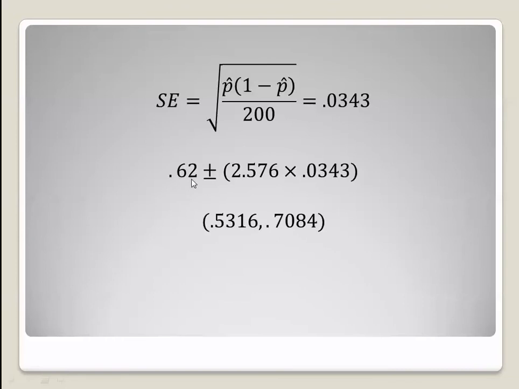So now you take that p hat and you add and subtract the critical value, 2.576, times that standard error. And when you multiply these two together and add it and subtract it from 0.62, you get 0.5316 and 0.7084. I think it said on the problem to round to 3 decimal places, so that would be 0.532 and 0.708.